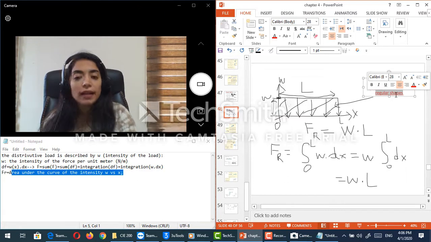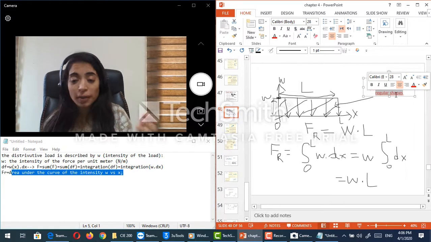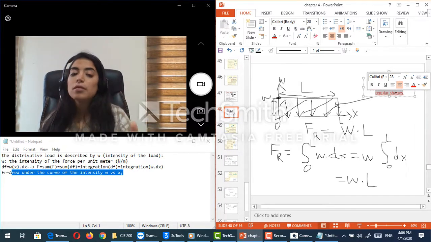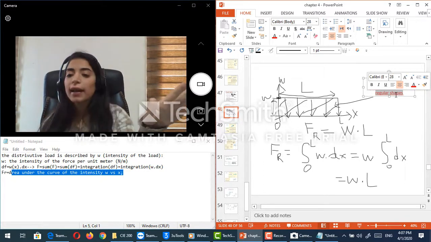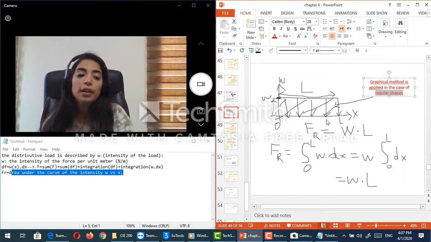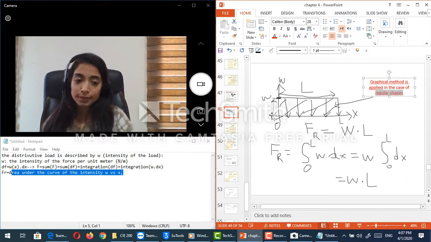If the shape is regular, I can apply this graphical method without the use of the integration method, because I know, guys, that the integration will take somehow time, and if you didn't memorize some integration rules, you cannot do the integration. So guys, if you have a regular shape, go for the graphical method. Then you can find the area under this curve, and this area will be F resultant.